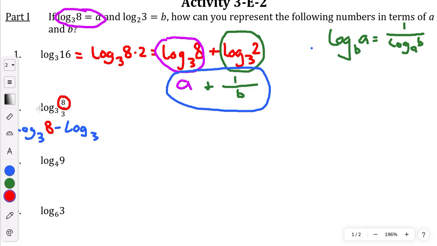And this will be this 8 right here. And this 3 is going to be this 3 right here. And so when the argument gets divided, when it's 8 divided by 3, then we can just treat it as a subtraction problem, as we learned earlier in our log rules. And so we can just write these as minuses.